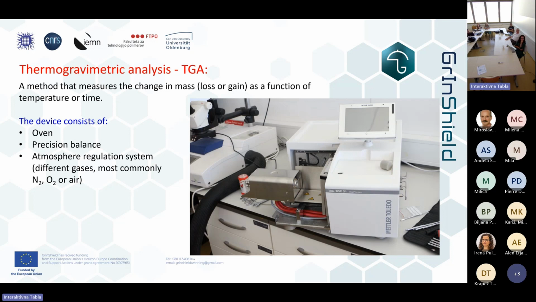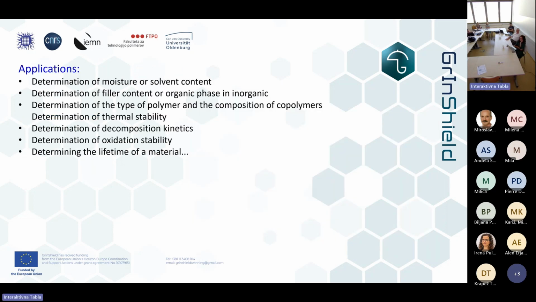So the device consists of an oven, a very precise balance, and an atmosphere regulation system. So we can use various gases. Most commonly, we use nitrogen as inert atmosphere, oxygen, or air as well. Why do we use it?